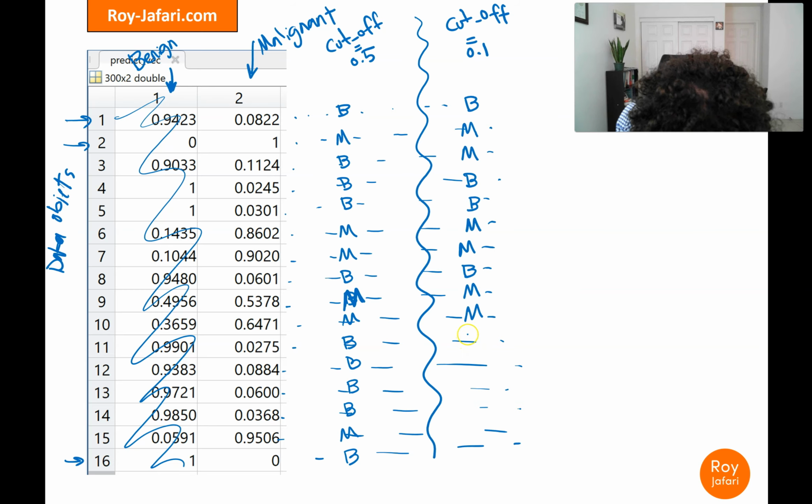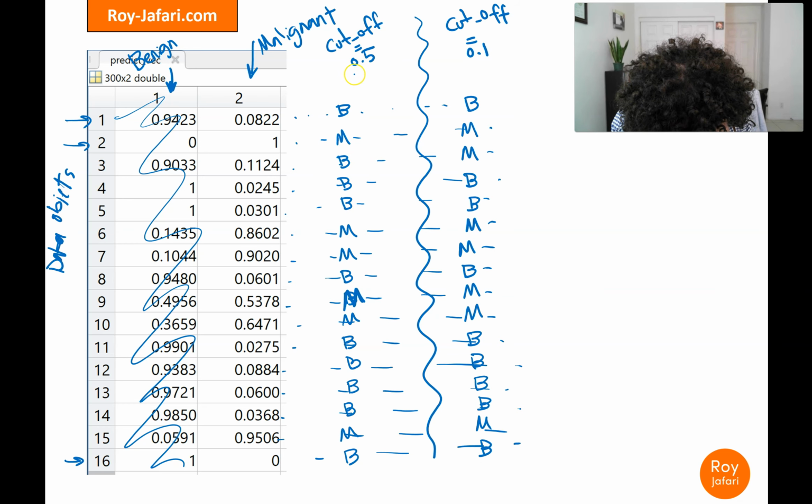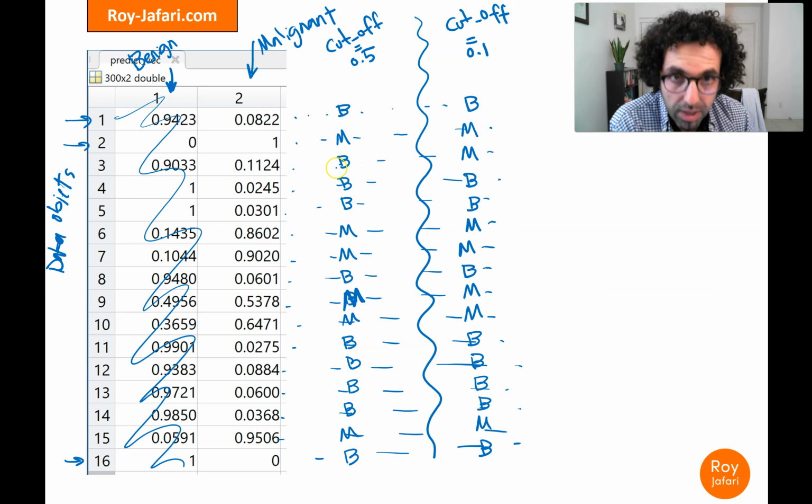Malignant, benign, benign, benign, benign, malignant, and benign. You see, there was one case that if I had chosen cutoff point 0.5, I would have decided benign.